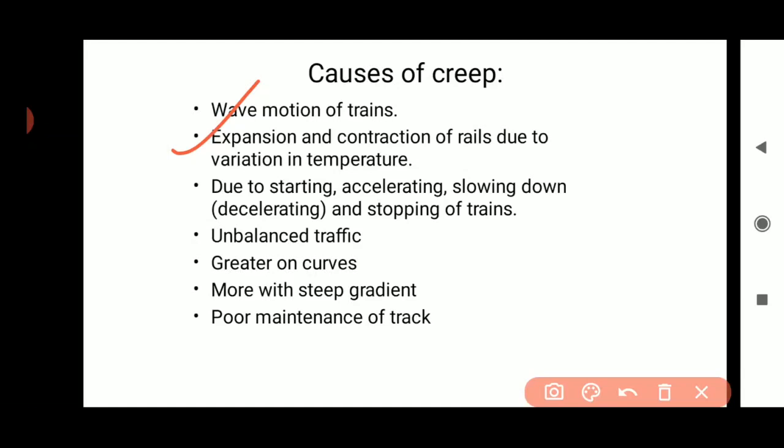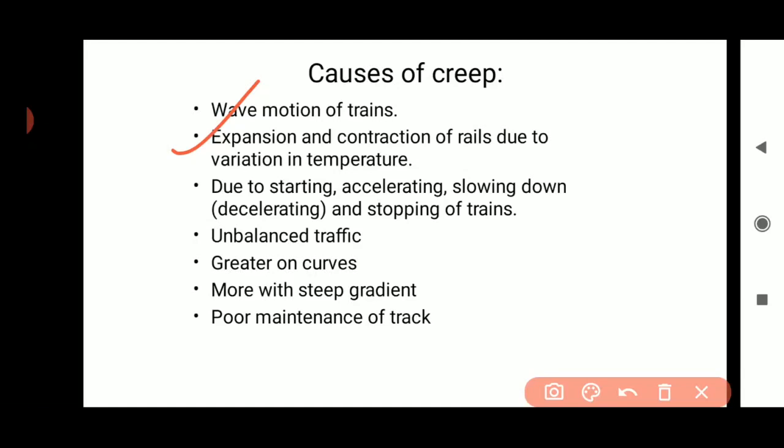So if the amount of traffic or the load is the same in both directions, then the creep is also the same in both directions, and it will be balanced. If heavy traffic is occurring in one direction only, then the creep will occur in that direction only, and it may be balanced by the light traffic in the opposite direction.